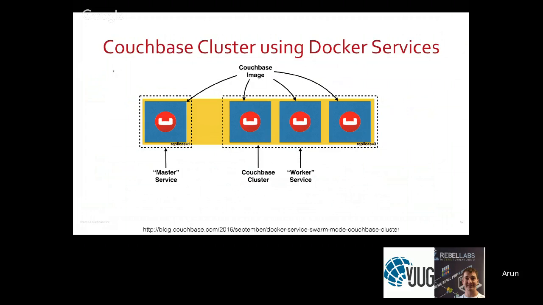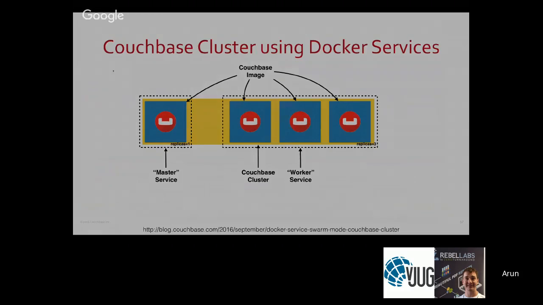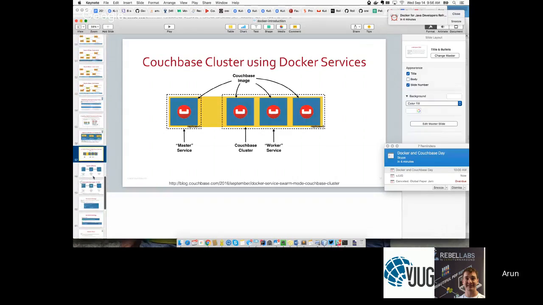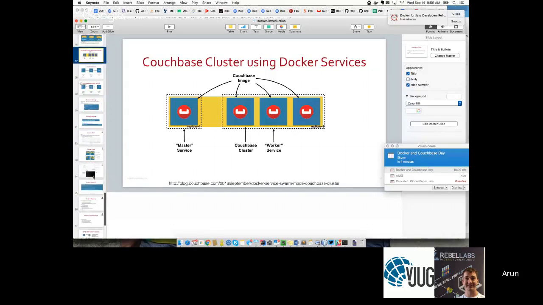Every time a node in the worker service comes up, it says, I'm going to talk to the master and register myself as a worker. But the entire cluster is still very homogeneous. That's another interesting part to understand. If you look at the blog on the bottom, you'll see more details about how I created a Couchbase cluster using Docker services. Let me see what other slides are relevant to talk about here.